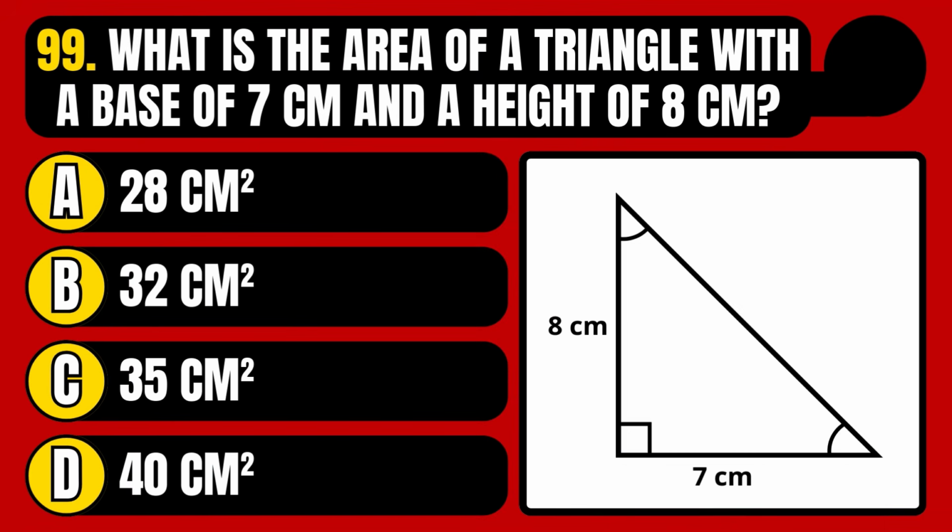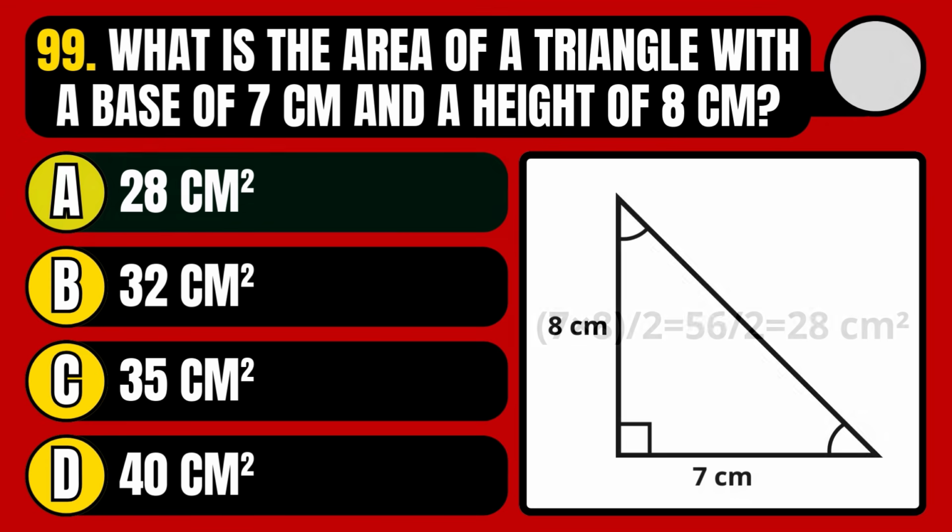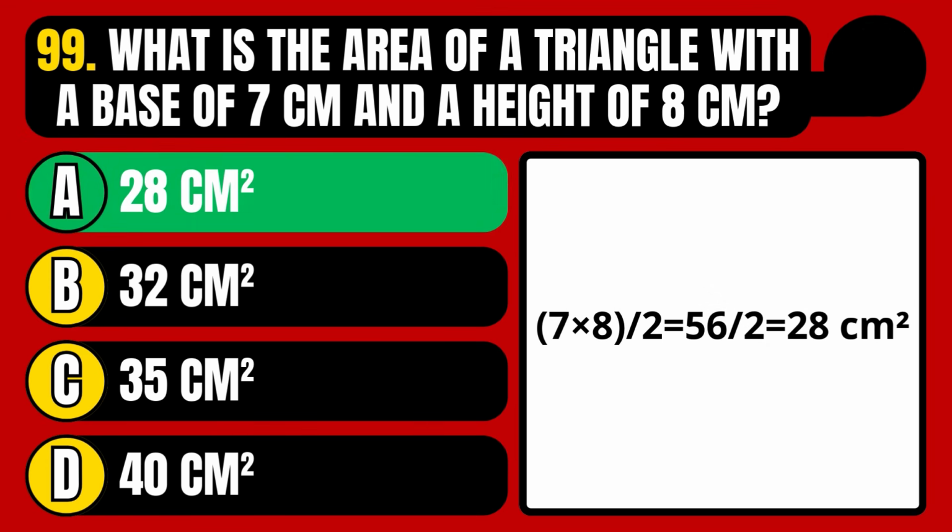What is the area of a triangle with a base of 7 centimeters and a height of 8 centimeters? 28 square centimeters, 32 square centimeters, 35 square centimeters, or 40 square centimeters? The correct answer is option A, 28 square centimeters.